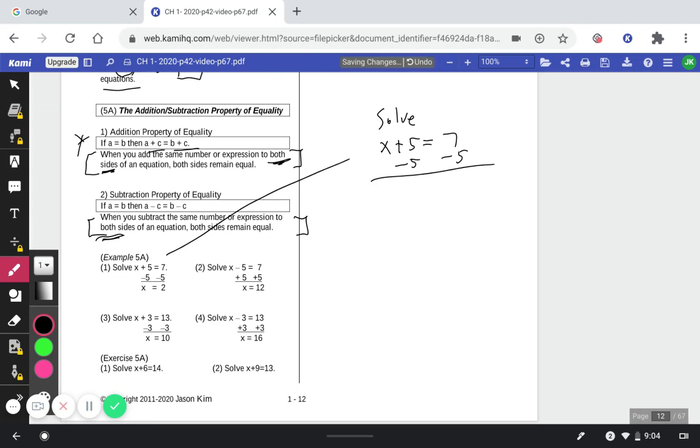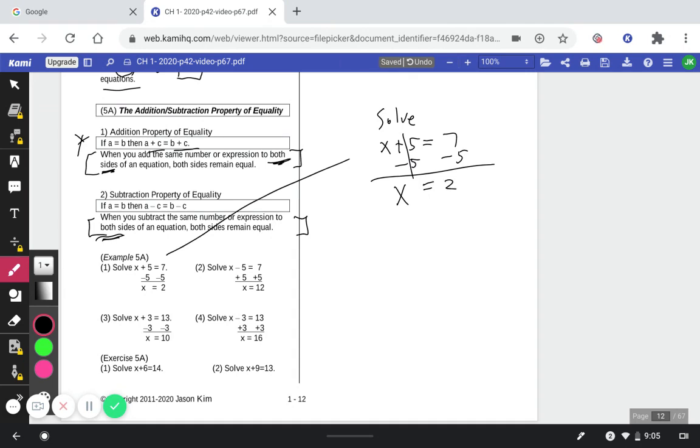According to our subtraction property of equality, it is okay to do that. They're going to be still equal on both sides. So plus 5 and minus 5 cancel out, and you end up with x alone on the left side of the equal sign. The right side becomes 7 minus 5, which is 2.